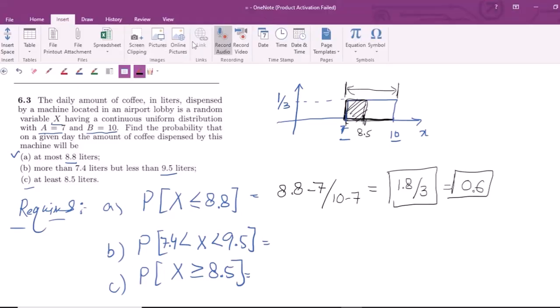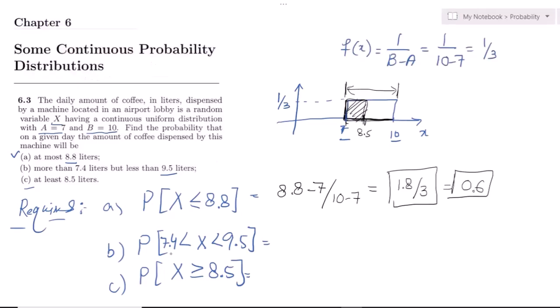For part B, let me use this green color. Here we have the lower limit given and the higher limit given as well. The lower limit here is 7.4, so let me have here 7.4, and this is 9.5. Okay, this is the area which we want to find the probability of, while the overall area is again in this bluish color.